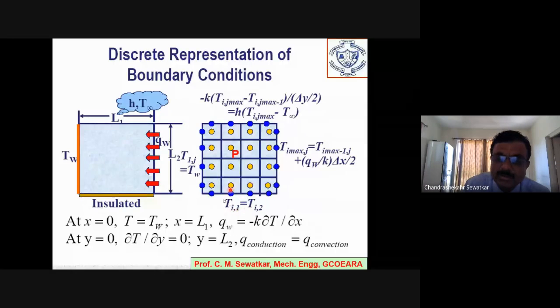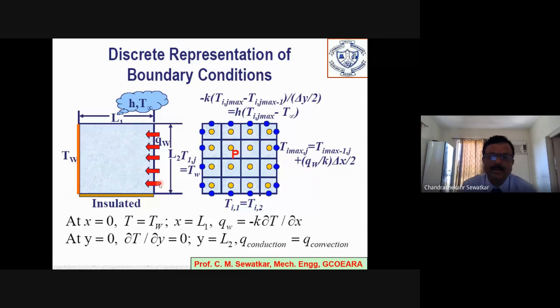Now the temperature is represented in terms of the inner cell center. The temperature of the inner cell center will be known to us through the initial guess to begin with, or maybe through the initial condition. We will assign some value, and that value will be automatically assigned to the boundary if I use such an equation.